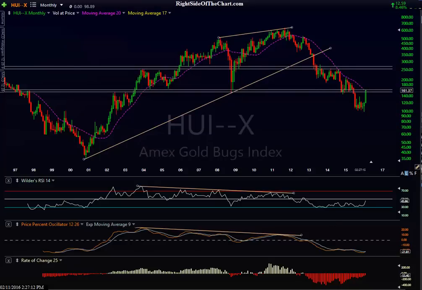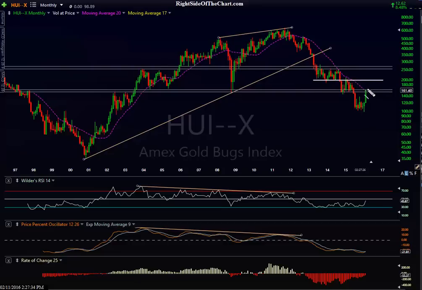And just to wrap it up here, if and when we get through there, oops, grabbed the wrong tool. The next resistance is right there at that cluster. We have reactions from above over here at that level and from below.